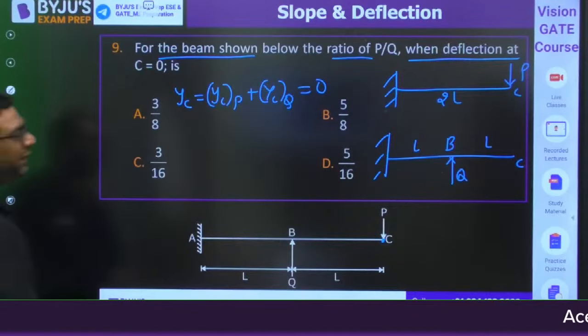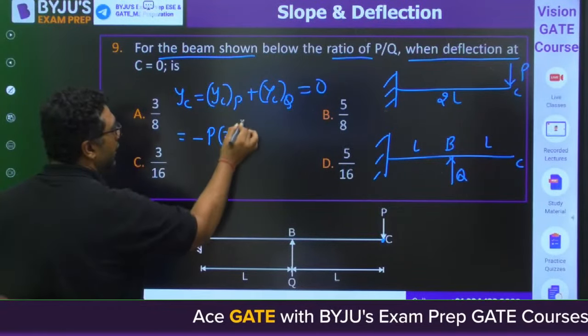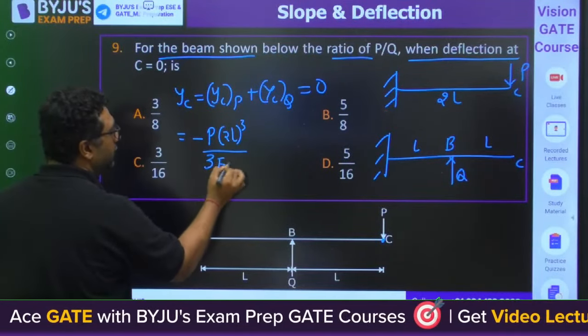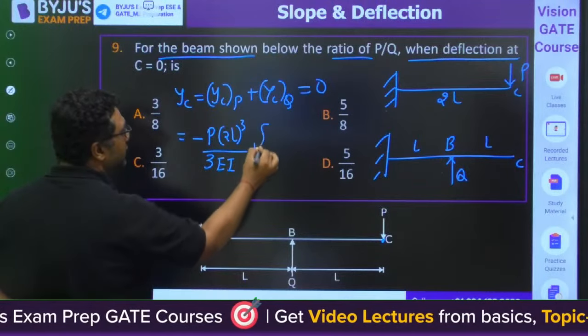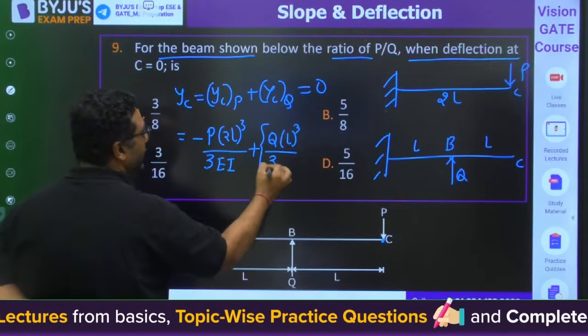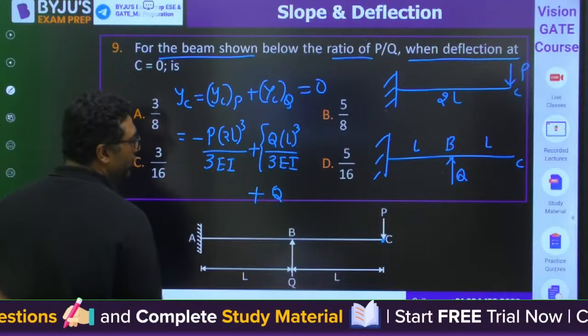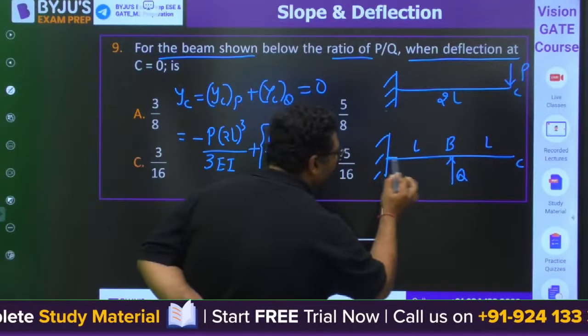What is because of P? Minus P L cube upon 3I plus Q L cube upon 3I plus Q, because Q is going to do deflection upward.